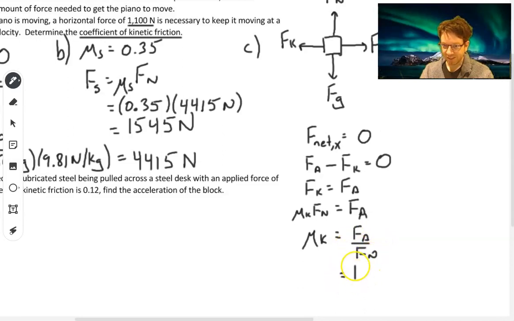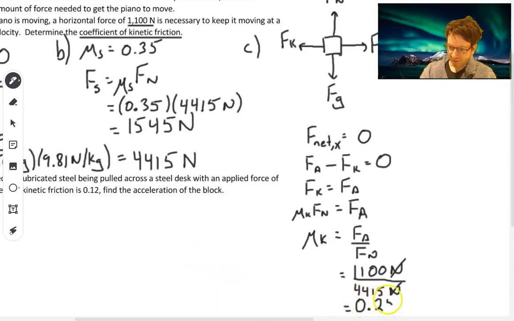So our applied force in this equation is 1,100 newtons, and our normal force hasn't changed. It is 4,415 newtons. Notice that newtons cancels with newtons, and we get a dimensionless quantity, which is what the coefficient actually is. Just 1,100 divided by 4,415, which is 0.25.